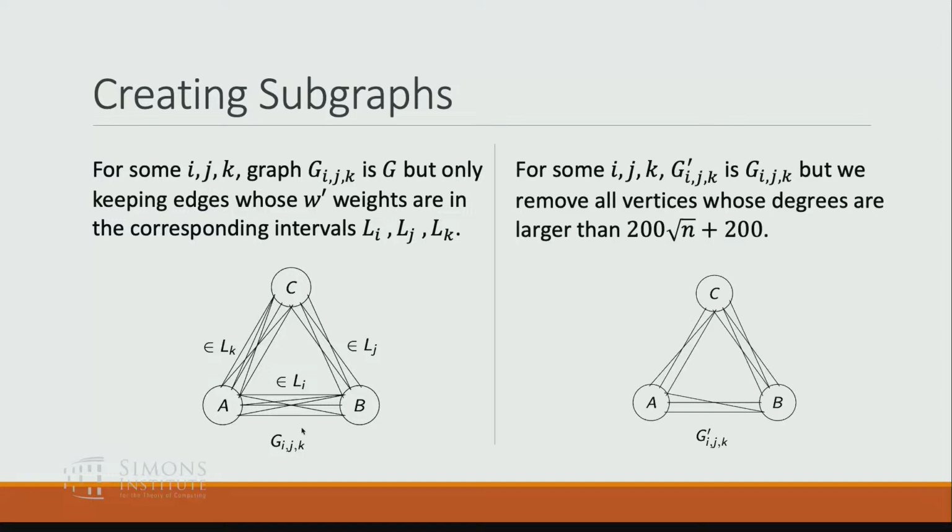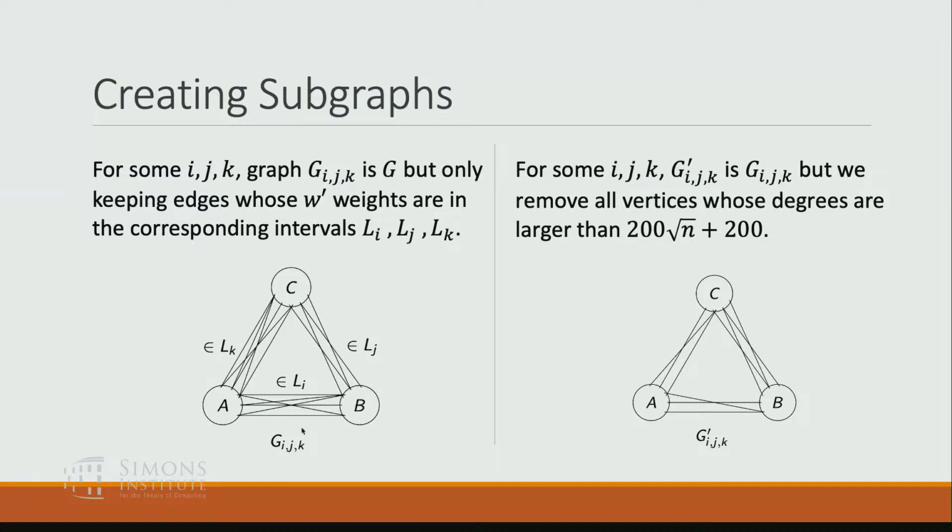And because our goal is to get a graph whose max degree is on the order of square root n, we also have to delete all the vertices whose degree is larger. So here we create a graph G prime ijk, which is just G ijk, but we remove all vertices whose degrees are larger than 200 square root n plus 200.